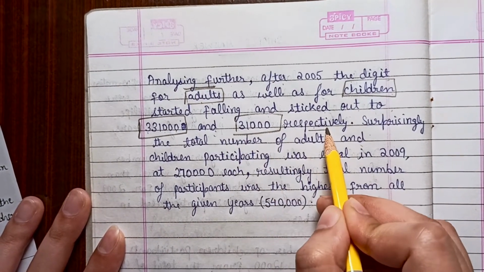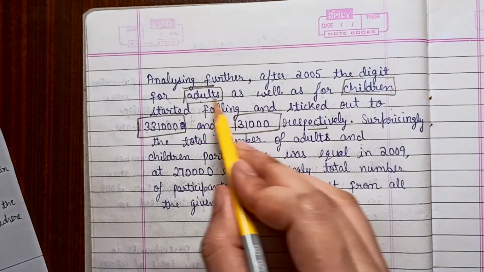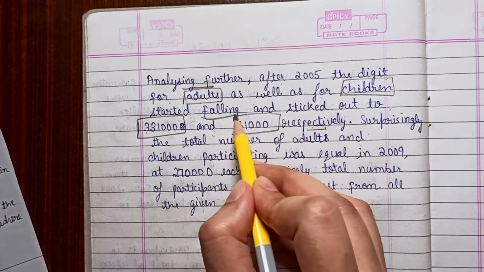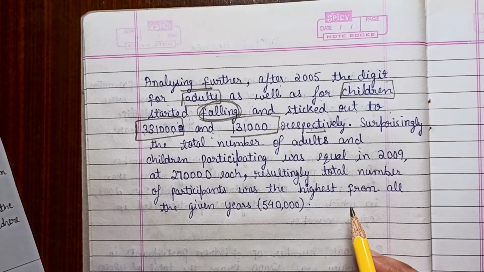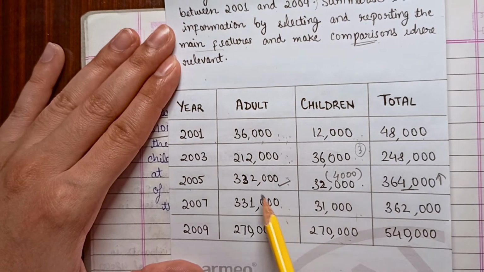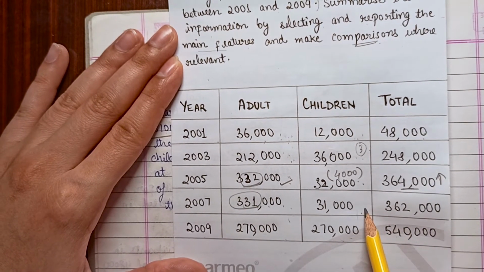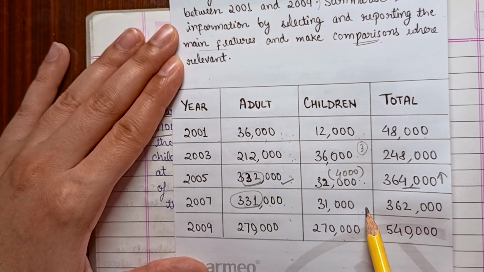So we have used respectively. The figures for adults as well as for children started falling. Started falling means you can see here it decreased by this number to this number, and it also decreased by 1,000.